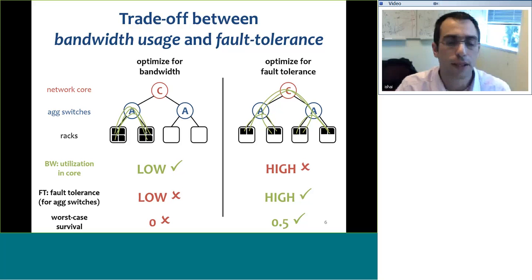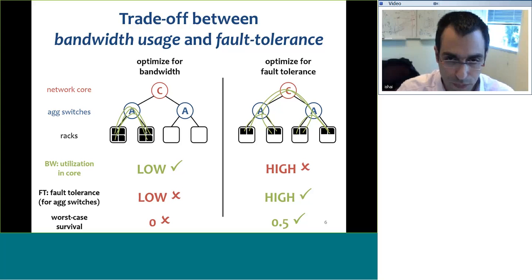If I wasn't clear, let me clarify that. I'm not saying that the bandwidth consumption is higher in one configuration; it's exactly the same. The question is where this transmission takes place. In this solution, it doesn't go through the core.